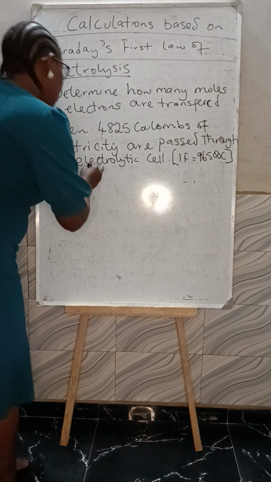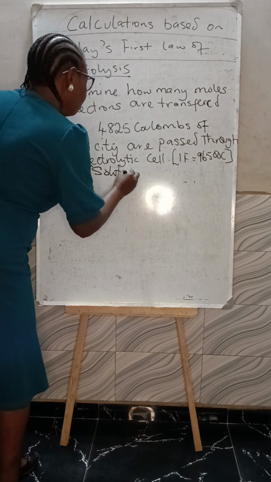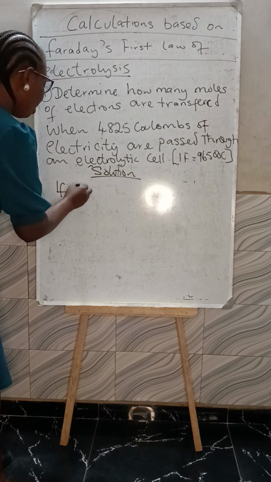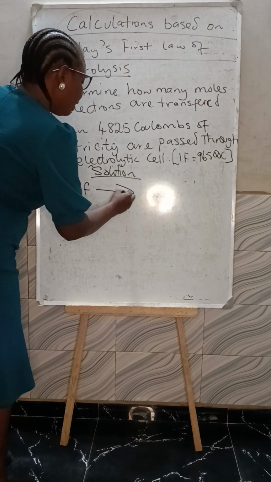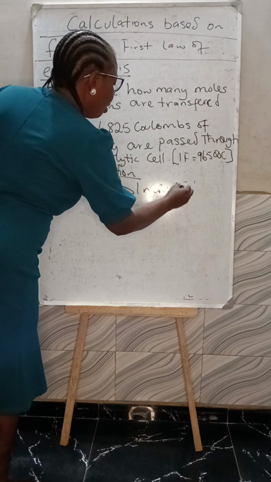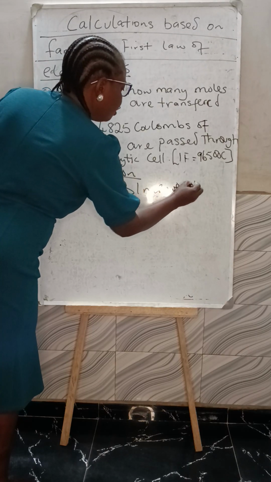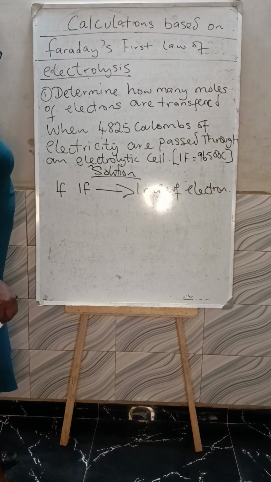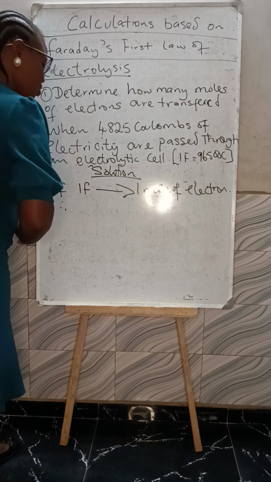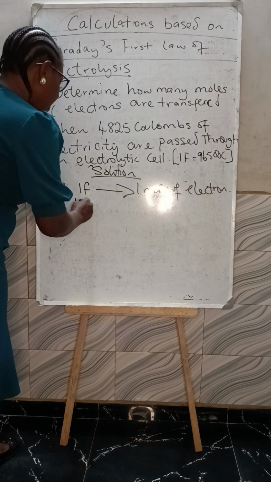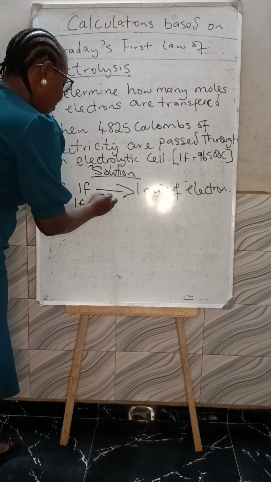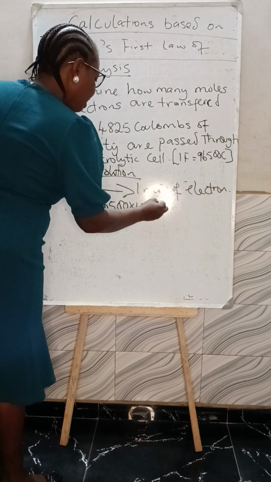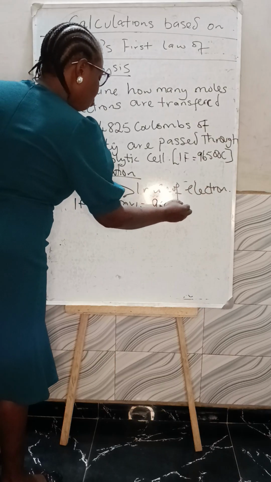Starting with the solution. If 1 Faraday liberates 1 mole of electron, therefore 1 Faraday is equal to 96500 times 1, that will become 96500 coulomb.